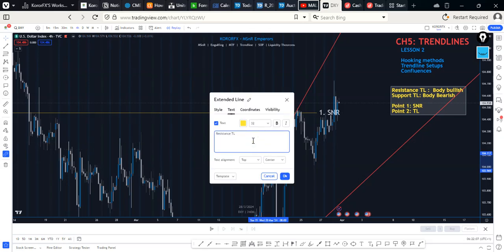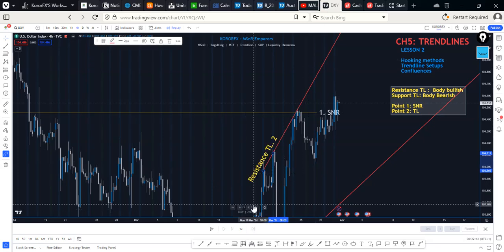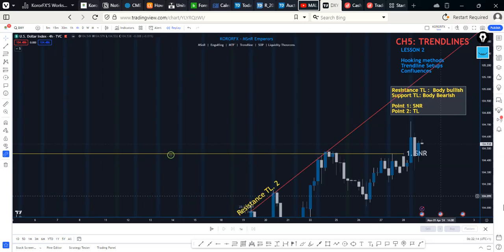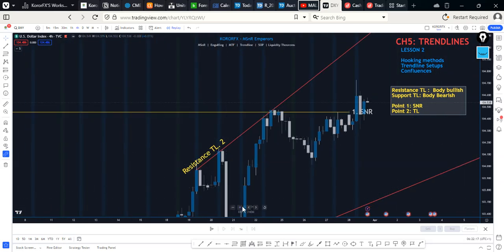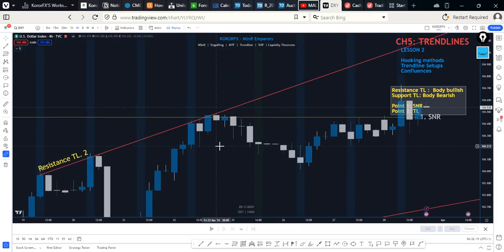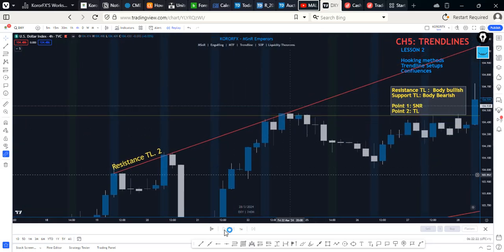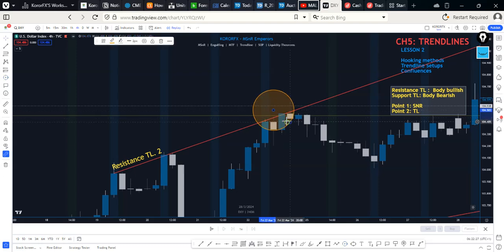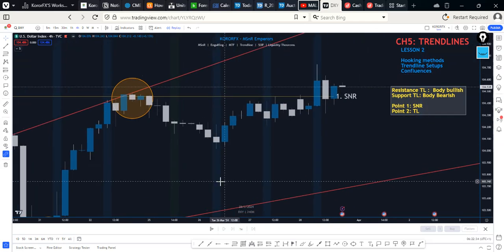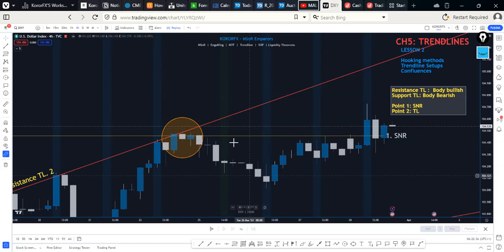Together, the point where the SnR and the trend line touch each other is exactly the hooking point, where we want it to sell off. This is what we call the decisional level, and that's exactly where you can enter the market. No matter how it sells or buys off, we must see price rejecting the SnR plus the trend line.